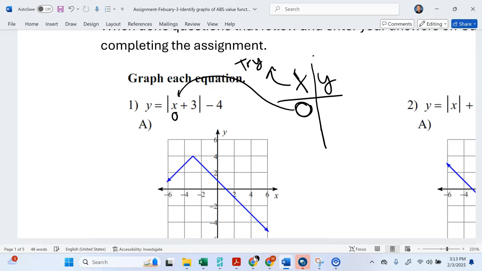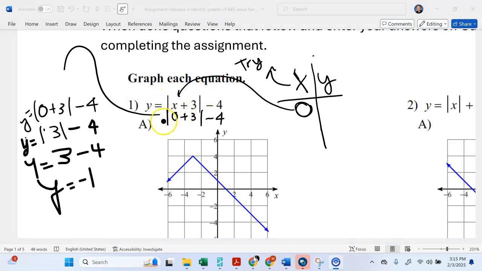So this becomes 0 plus 3 minus 4. So remember, I'll put that over here. Remember, 0 plus 3 is just 3. You can use your calculator if you need to. Okay, so remember, we try 0 here, so instead of x, 0 plus 3 is 3.